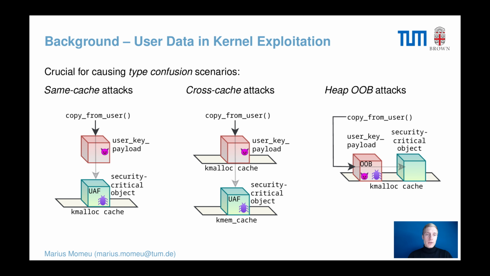Now, these primitives in combination are so powerful that they could be abused to exploit almost any heap vulnerability in Linux. This is why in IUBIK we aim to mitigate all of them by segregating user data so that it cannot reach security-critical metadata.